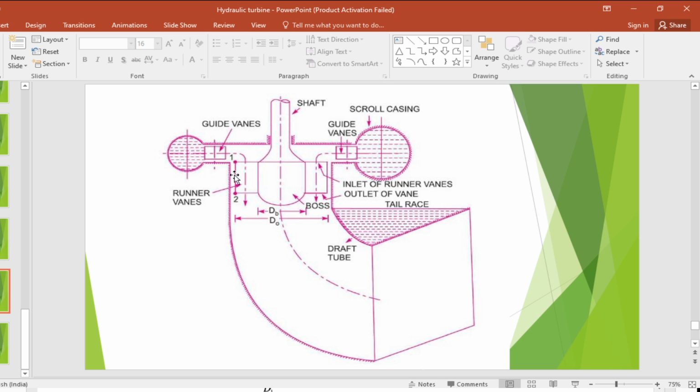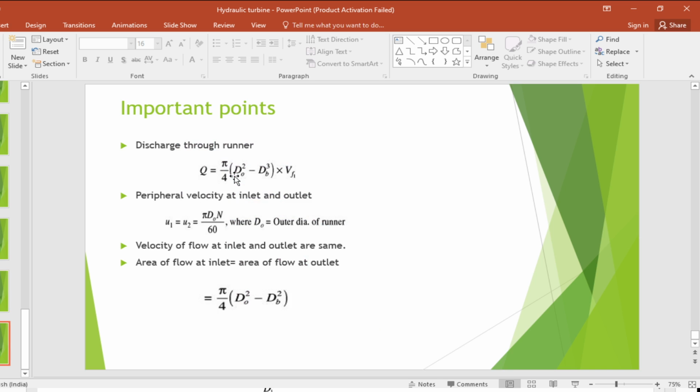Now the discharge for this type of turbine can be found out by using Q equals pi by 4 into (D naught square minus Db square) into Vf.